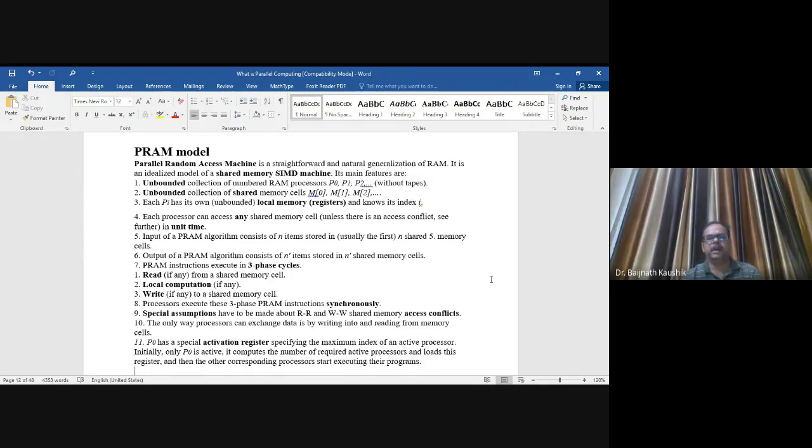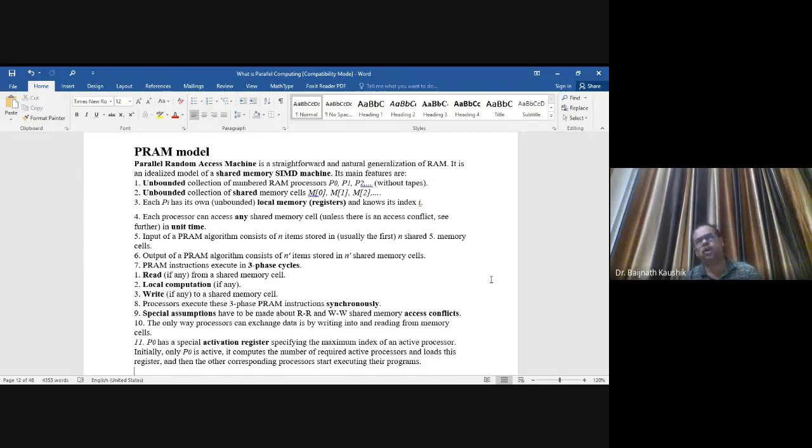In the random access machine, we have discussed that a RAM machine has a single processor, and each processor has its own memory. The memory of the processors is denoted by registers R0 to Rn. Similarly, the PRAM model consists of an unbounded collection of RAM processors.